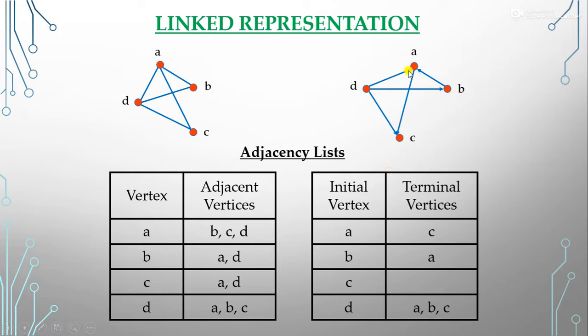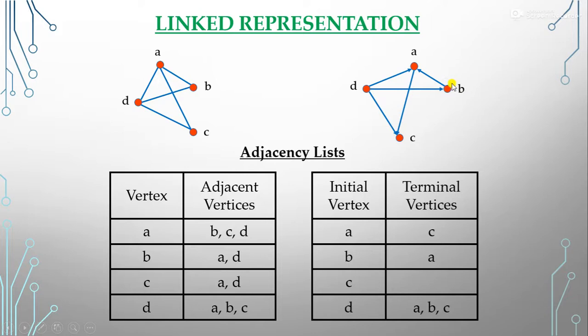If we talk about the vertex A, you see here from vertex A, what edge is going to another vertex. Only one edge, A to C. It means that the initial vertex is A and the terminal vertex is C, right?